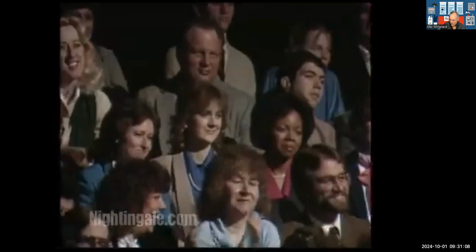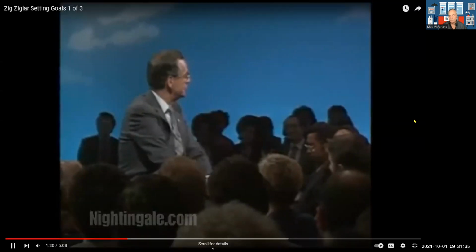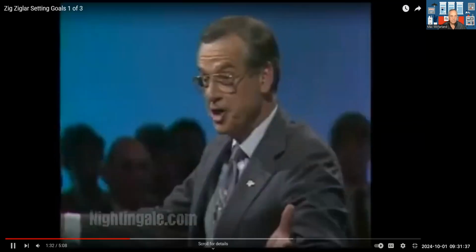But it wasn't until I wrote it down, put a date on it, listed the obstacles I had to overcome, identified the people, the groups, the organizations I needed to work with, spelled out a plan of action, set that time limit in there, and identified all of the benefits to me. It was only when I did that that the goal became a reality, and I lost the weight. For 10 or 15 years, I was gone.